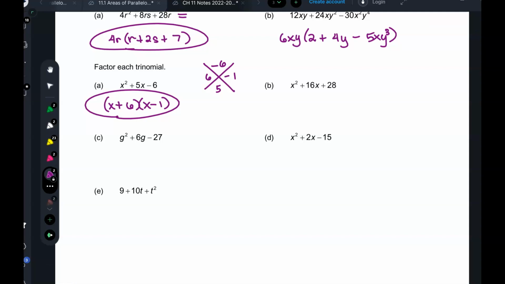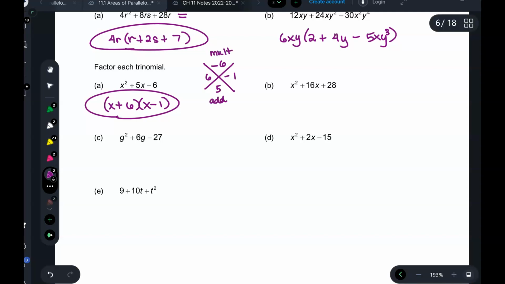You put this number here and the coefficient down here, then figure out what two numbers multiply together to give us -6 and add up to 5. So 6 and -1. The next one, what two numbers multiply to give us 28 and add up to 16? So x plus 14, x plus 2.